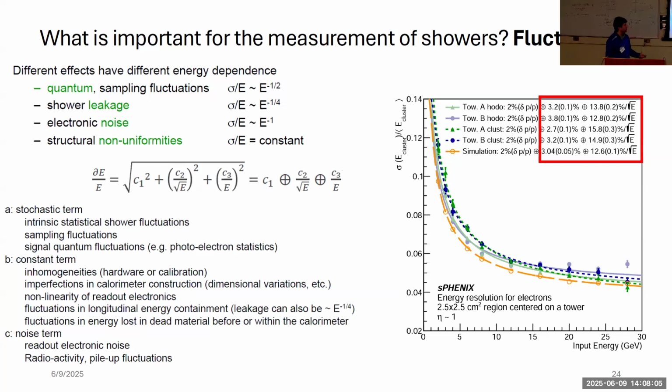And then there's a noise term, due to say readout electronics, but that tends to be rather small. So a lot of times you can describe the energy resolution in terms of a constant term plus this stochastic term, which is the term that improves with energy.